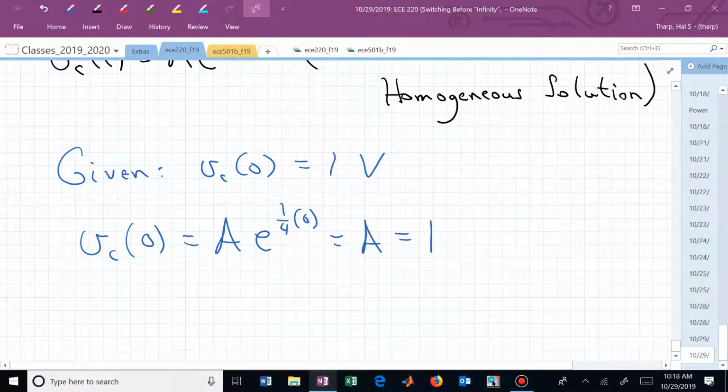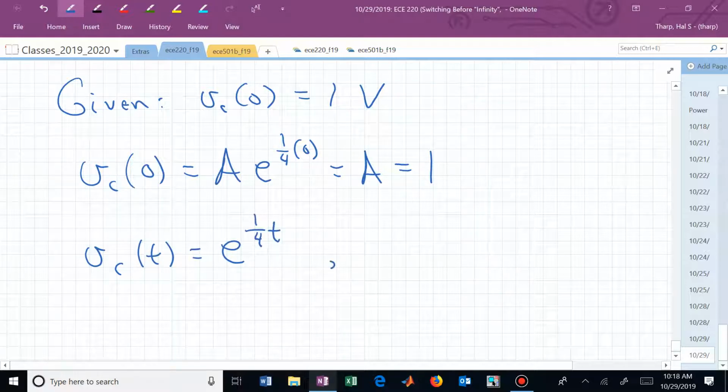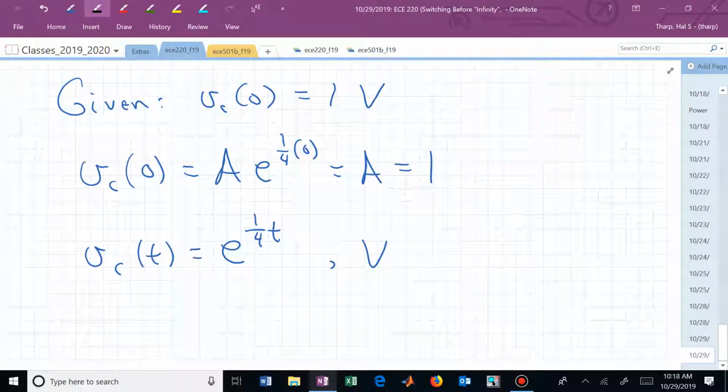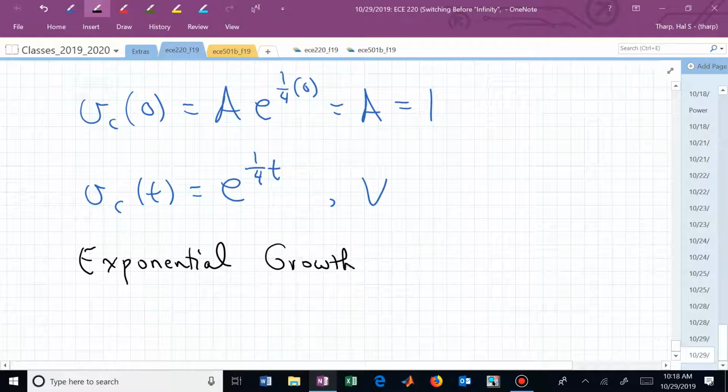Now we know what A is. A is 1. Or we now know that V sub C of t is equal to e to the 1/4 t. That positive exponent now says we have exponential growth of that capacitor voltage.